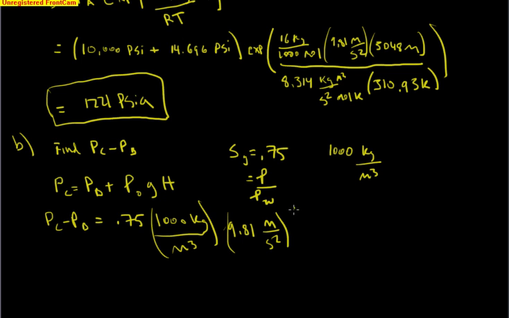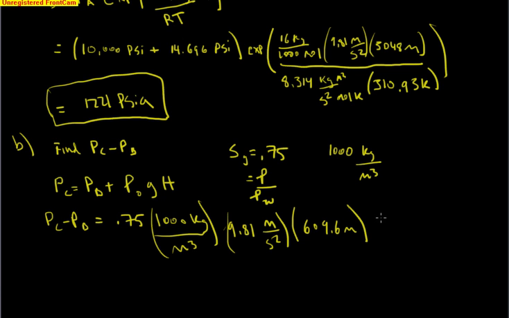And we're going to multiply that again by the height, and converting it into metric, I get 609.6 meters. So this is going to give us the answer in pascals, and we're going to convert it back to psi.